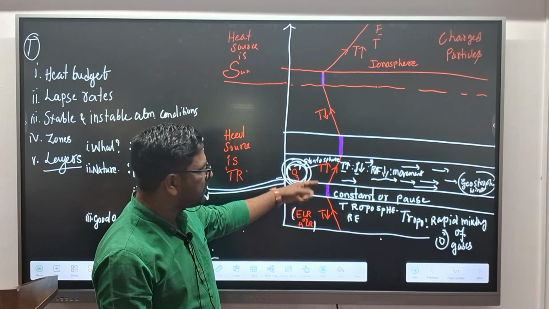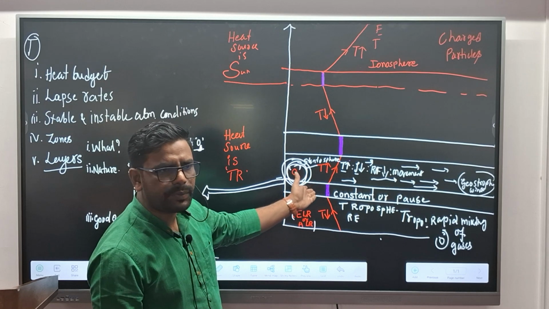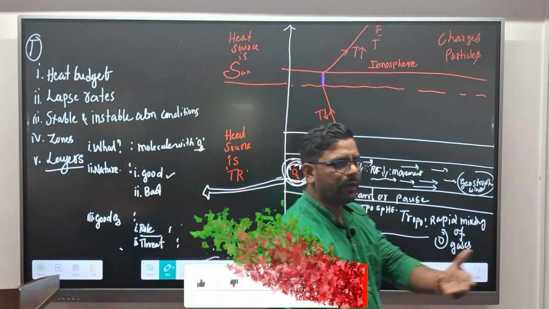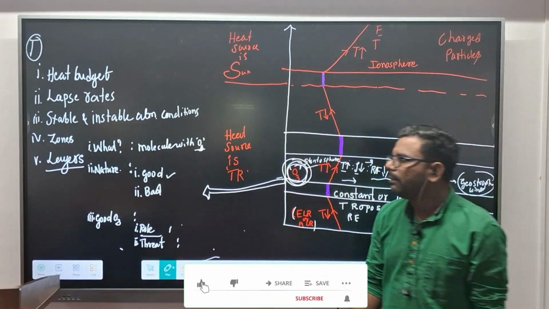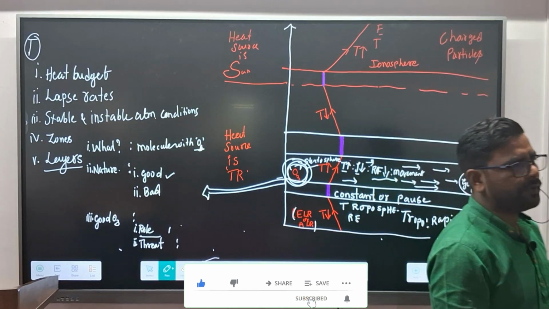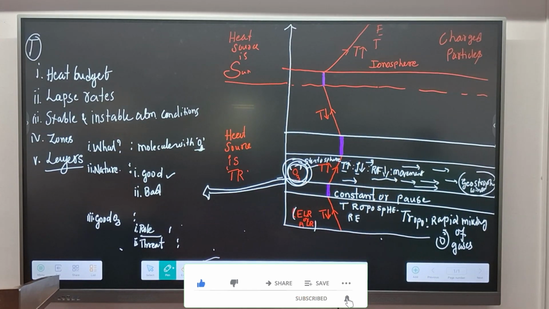The stratosphere, isn't it? We are discussing its location. Threat we will write later, but before that, one more point we have to add is the location. Where can we find this good ozone? In the stratosphere, right?